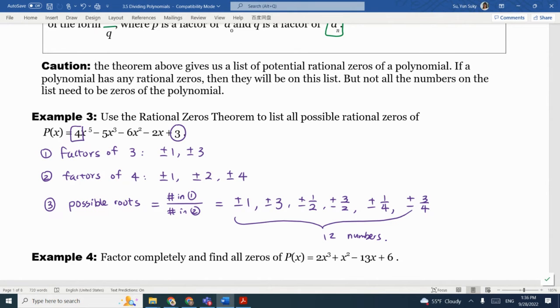The rational zero theorem tells us that if we have rational roots, then they must be on the list. But not all the numbers on the list are roots of this polynomial. We only have 5 roots, but there are 12 numbers. Of course, some numbers are not roots.